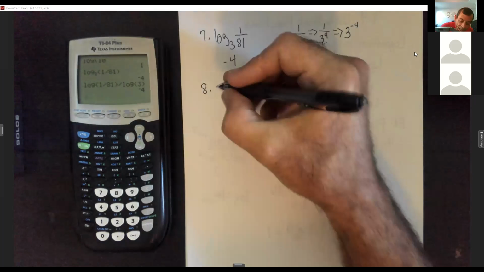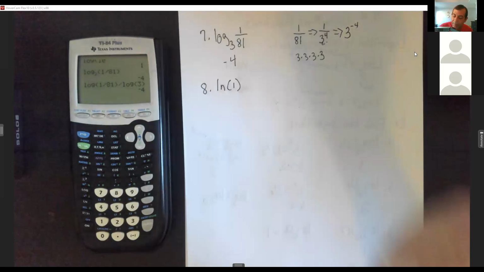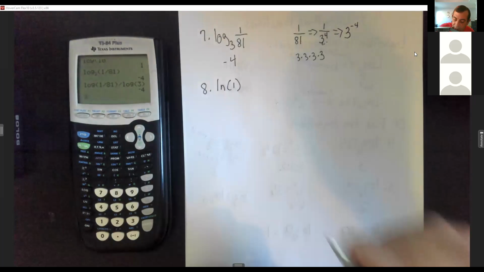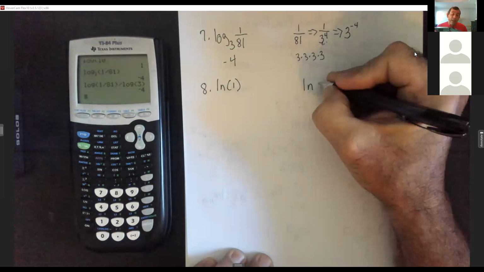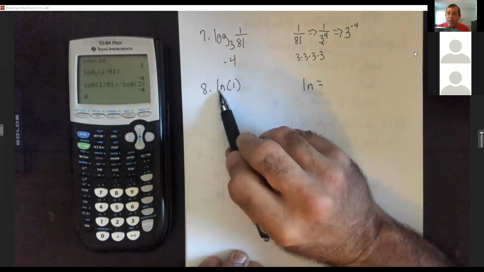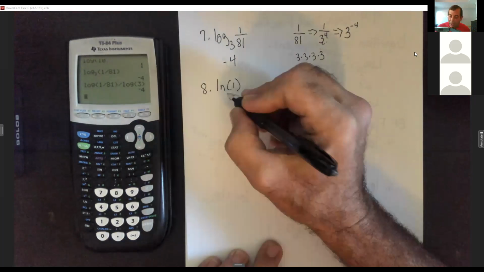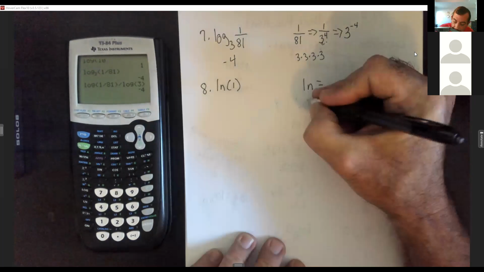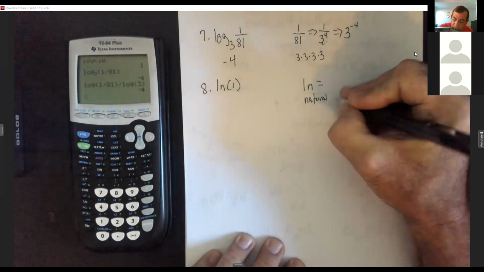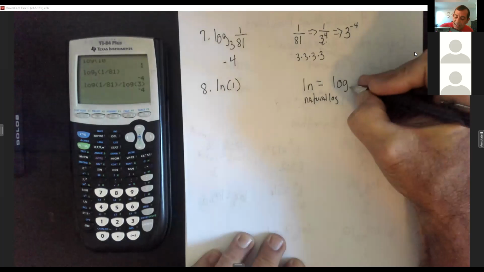So now we've got ln of 1. Let me explain what the ln is. Now, y'all, here's the thing. When you punch this into MATLAB, that's not a capital I, that is an L. LN for natural log, okay? So this is the natural log, and it's really a log base e.